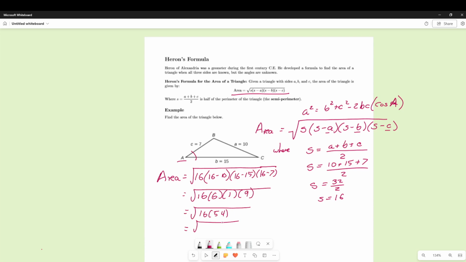Okay, I also want to check that. 16 times 54. Yeah, 864. So our area will be that thing's square root. Square root of 864 is 29.4. And I don't see units, so I'm just going to say square units.